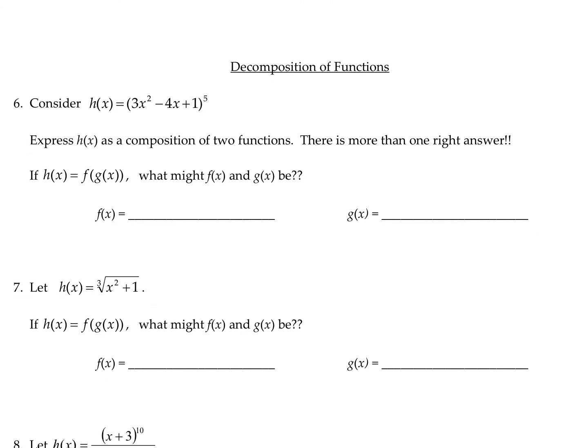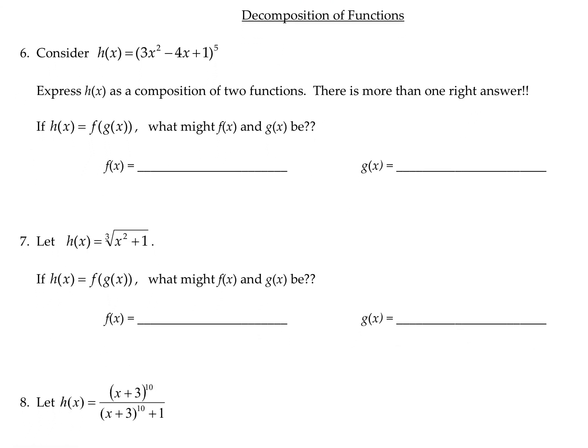All right, next we're going to look at decomposing functions. So essentially I'm going to give you a function that is already composed, and I want you to determine what the first two original functions were. Now these questions could have more than one answer. I am going to share with you my thoughts on those answers. So I see on this inside here I have 3x squared minus 4x plus 1, and it's all raised to the 5th power.